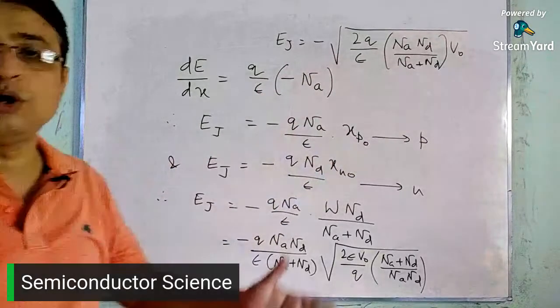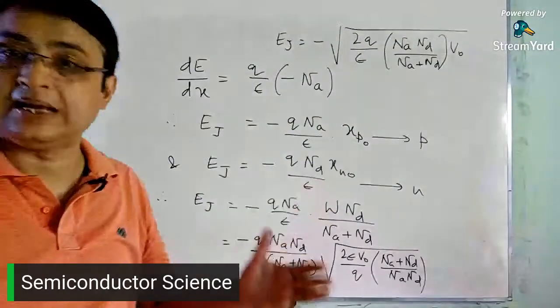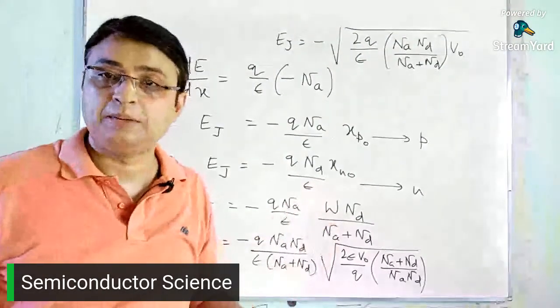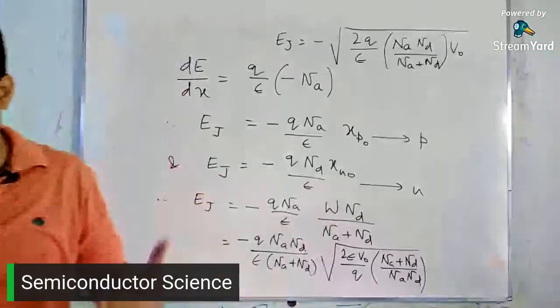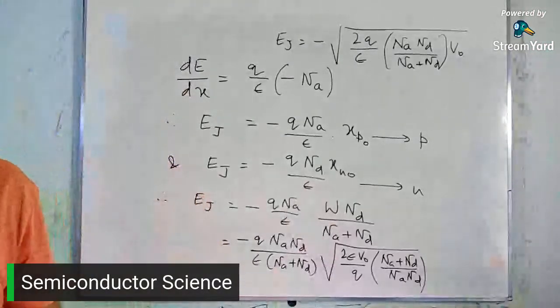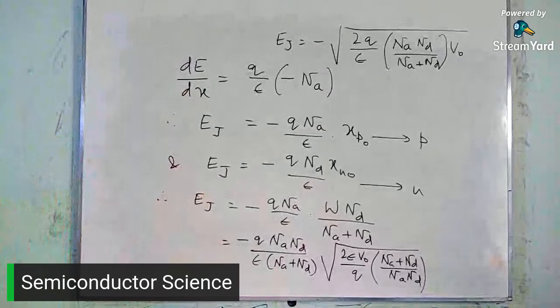So what will be the case for zero applied bias? If you apply zero bias, what will happen? The depletion width is given by W equals twice epsilon V0 by Q, into Na plus Nd by Na Nd, whole to the power half.